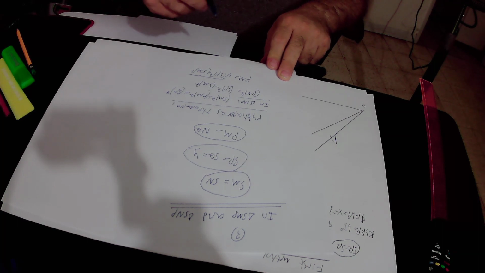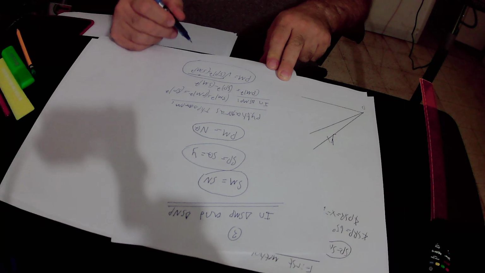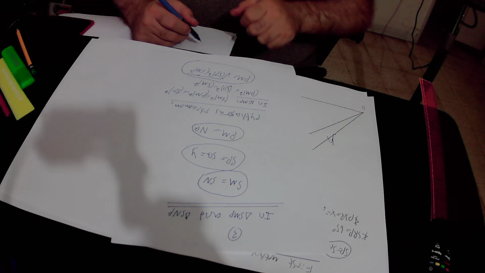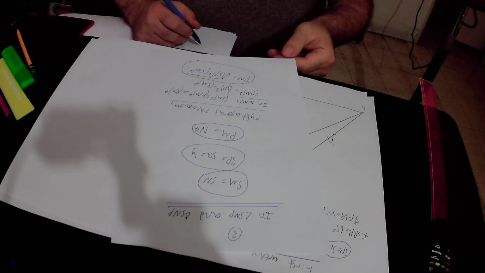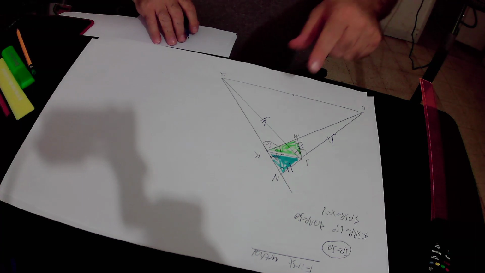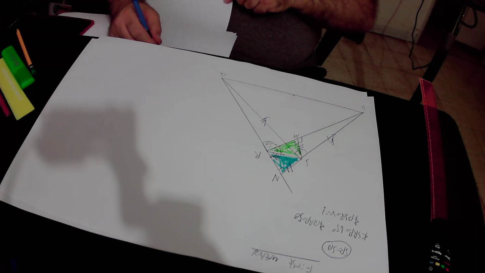Okay, we found out that PM equals the root of SP square minus SM square. In the next step we will focus on the right triangle SNQ.